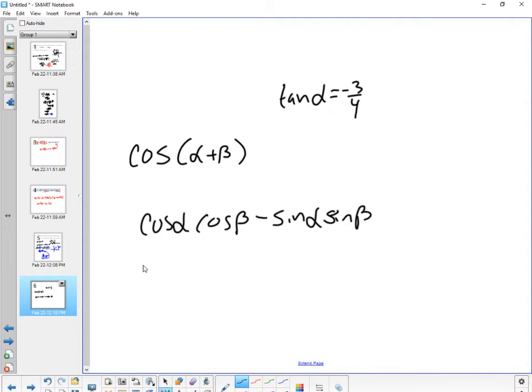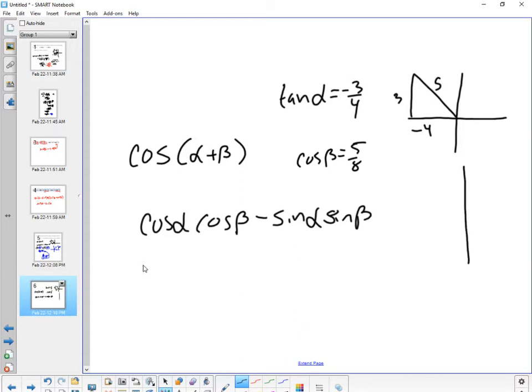Okay. And where's tan alpha at? Quadrant 2. So 3, 4. That should be negative. So this is a 5. And then where's cosine at? That's in the first quadrant. Yeah. So 5, 8. Then square root of 39.